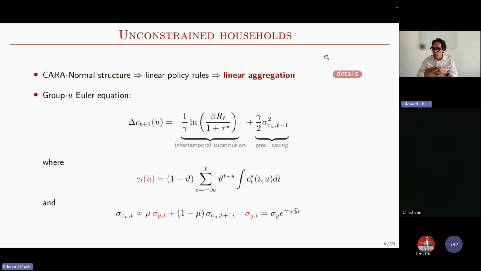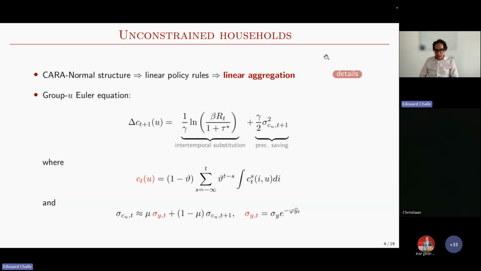So C_T^U is the total consumption of the group of unconstrained households, and consumption growth going forward is a function of the real interest rate via intertemporal substitution, and it's also a function of their precautionary savings. There is a precautionary savings term because people face idiosyncratic risk and therefore consumption fluctuations in the next period, and they save precautionarily depending on the extent of this consumption risk. So greater consumption risk implies a steeper consumption profile from today to tomorrow.